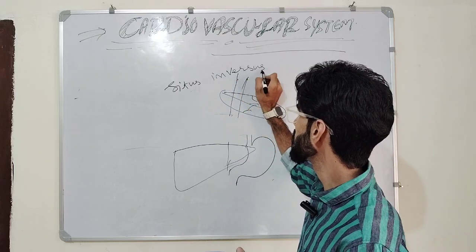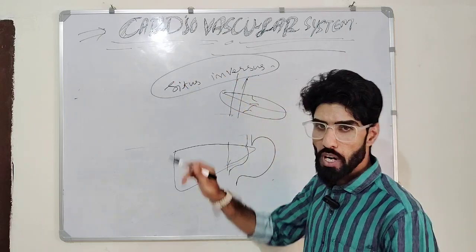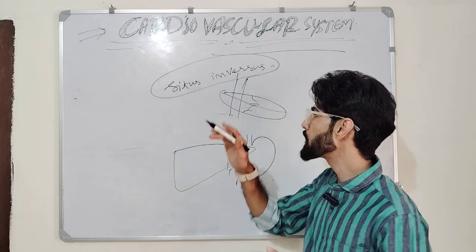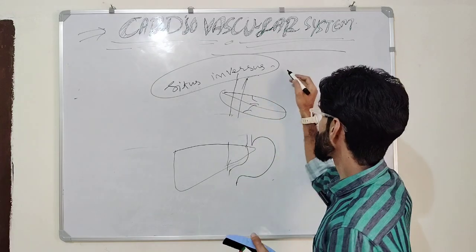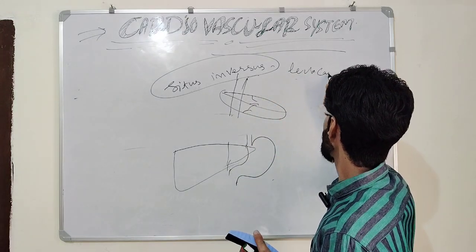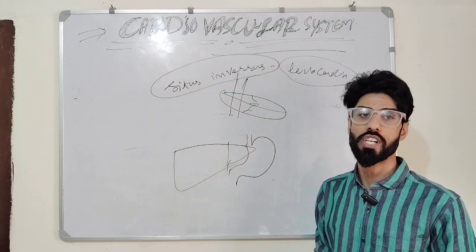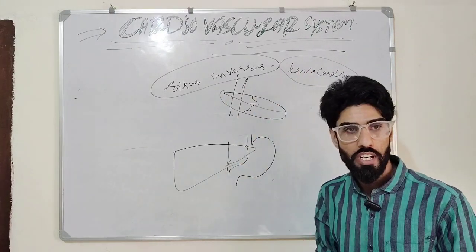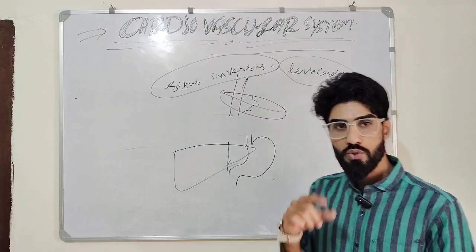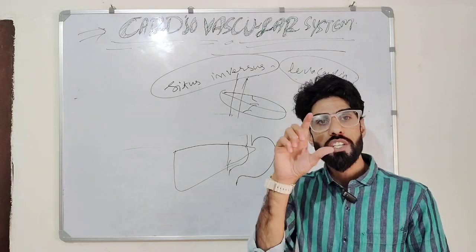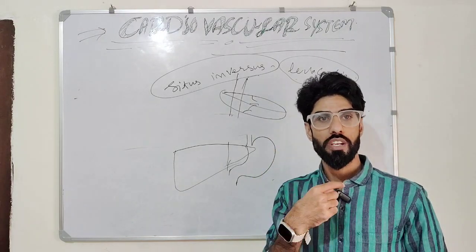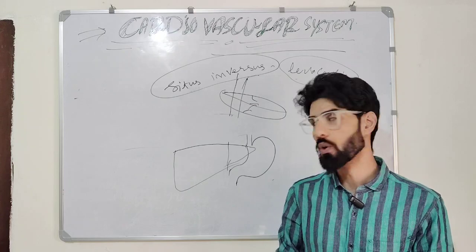Situs inversus means body parts are not in a normal position, but the heart will be in a normal position. Situs solitus levocardia is the normal position of the heart.